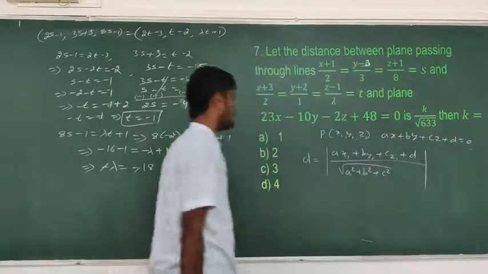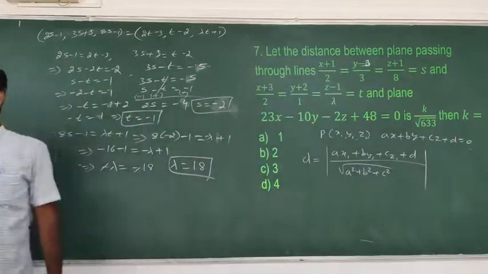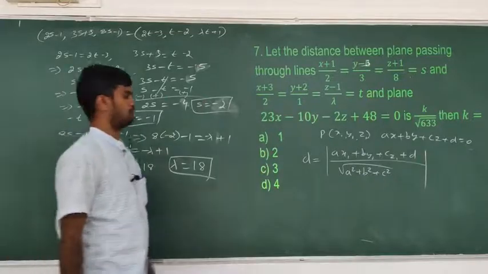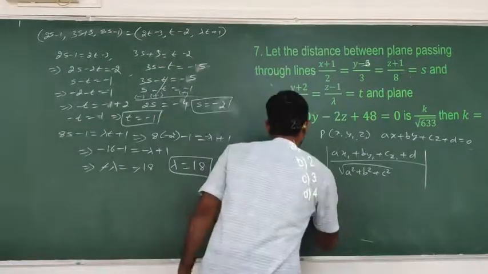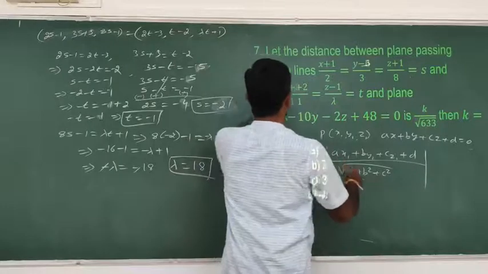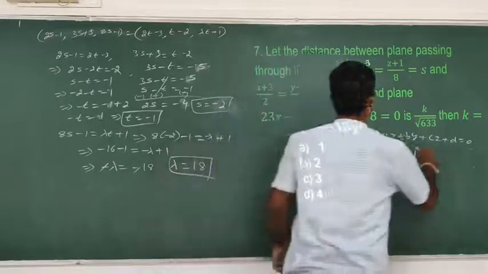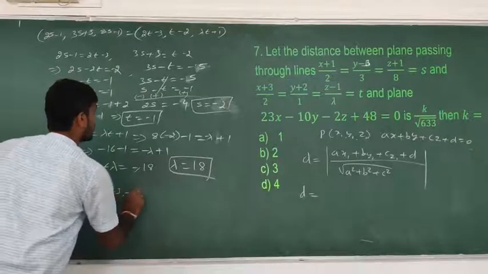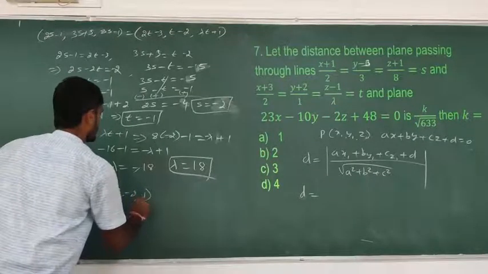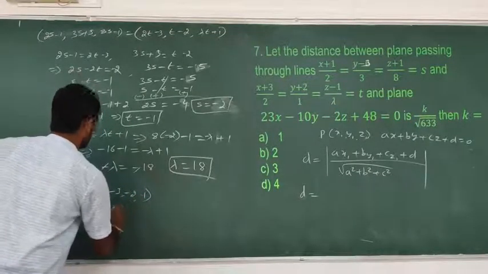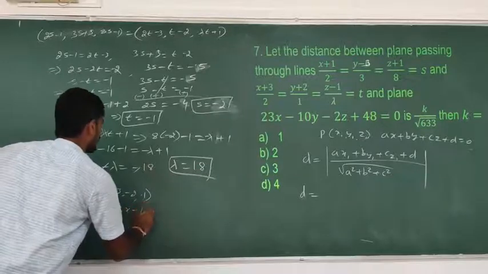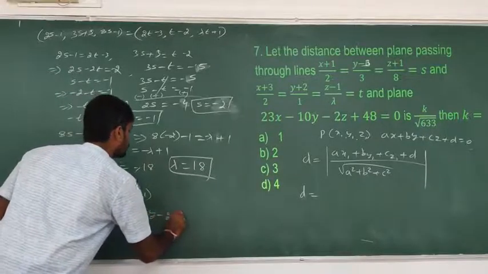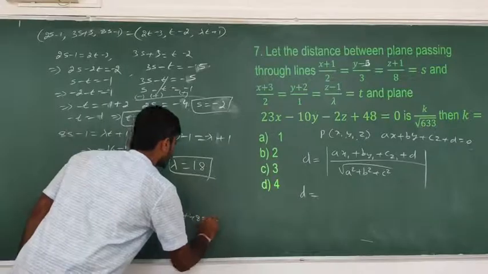So this is the formula to find the perpendicular distance from a point to the plane. Now with respect to this one, the point is minus 3, minus 2, 1, and the plane is 23x minus 10y minus 2z plus 48 is equal to 0.